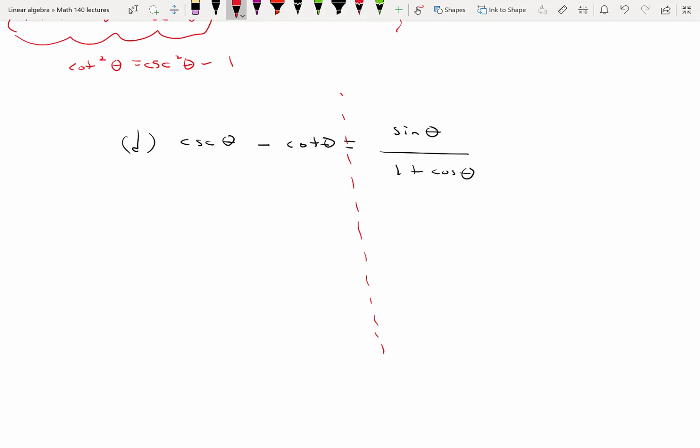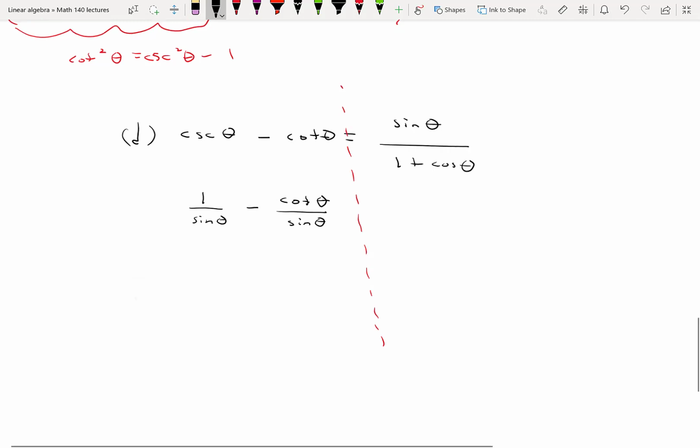Now, my experience tells me I should go to the left-hand side. Whenever I'm in doubt with trig functions, I try to convert everything to sines and cosines. It's another rule of thumb that's worked well for me. So I'm going to replace cosecant with 1 over sine and cotangent with cosine over sine.